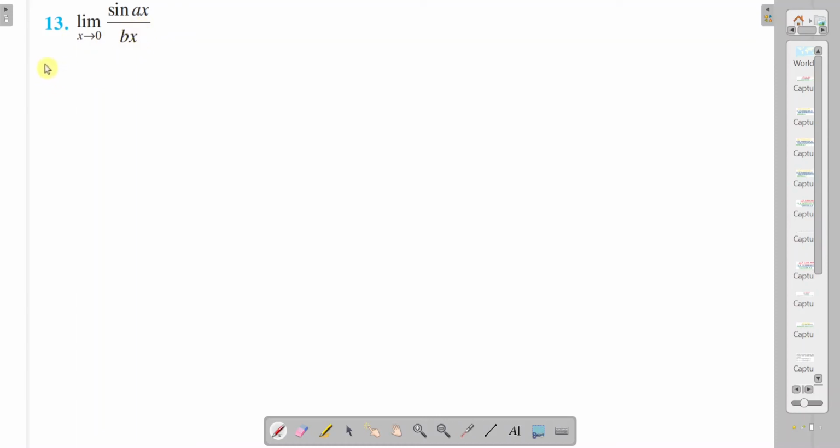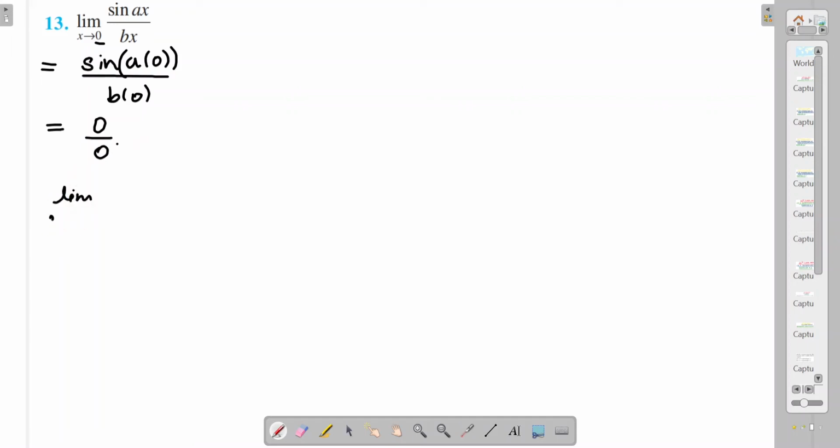Okay, so this is equal to, now see, first of all what you have to do here is substitute the given point in the function. So what we will get, sin a times 0 divided by b times 0. So what you are getting, 0 by 0, which is not a definite number. Okay, so what we have to do, we have to either simplify, rearrange or manipulate the function.